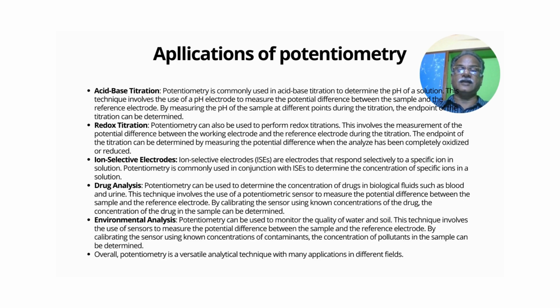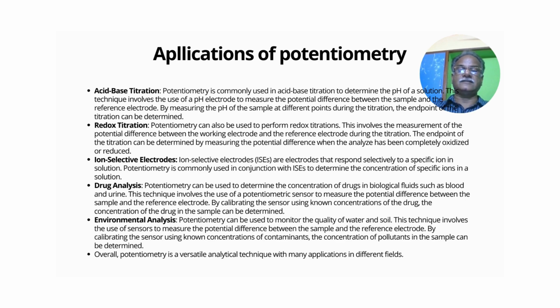Ion selective electrodes. Ion selective electrodes, abbreviated as ISE, are electrodes that respond selectively to a specific ion in solution. Potentiometry is commonly used in conjunction with the ion selective electrode to determine the concentration of specific ions in a solution.